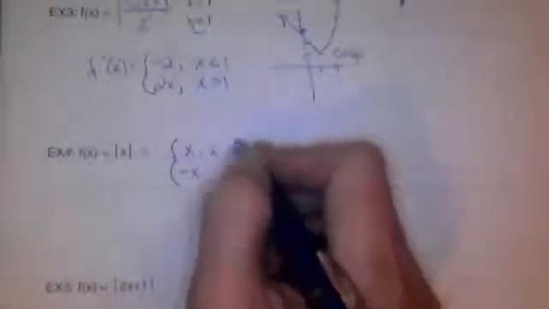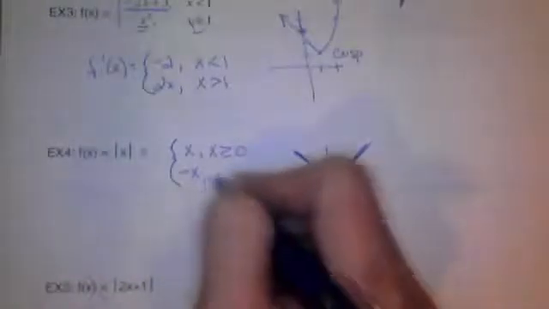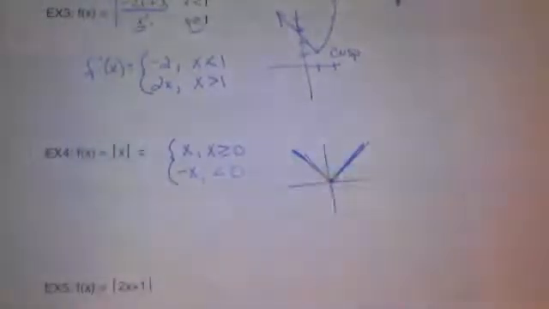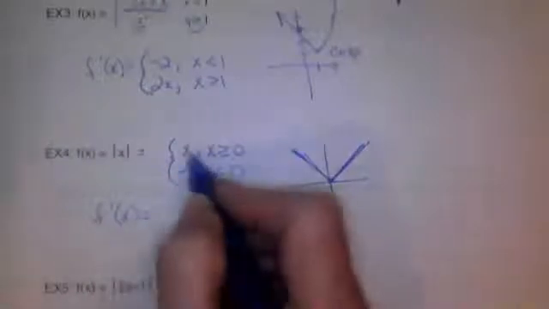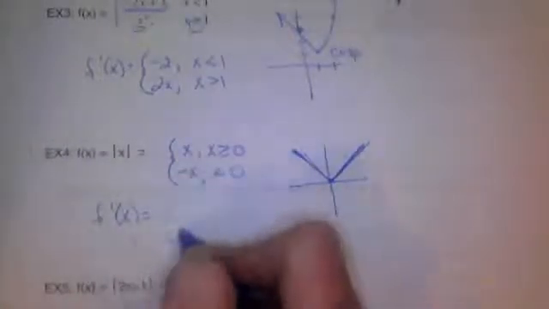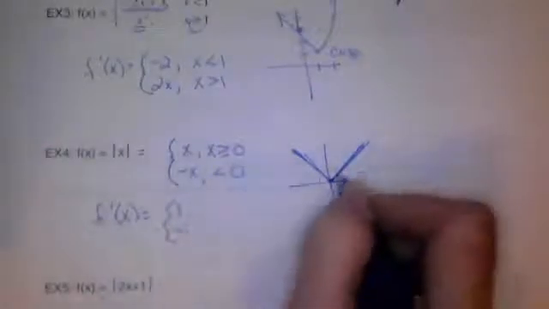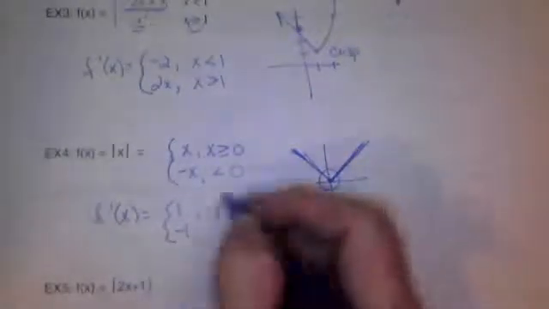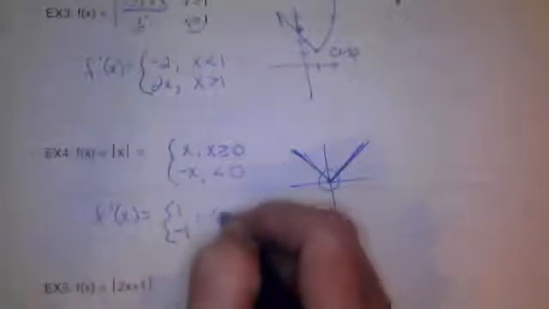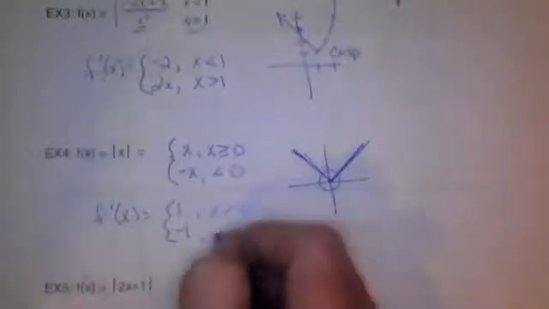So we're going to do x for the right-hand side and negative x for the left-hand side. And for one of those, we want to put that it equals 0, because it really doesn't matter which one. But when we take the derivative, we know the derivative of the top one is going to be positive 1. For the bottom one, negative 1. But right there at the vertex, which is a sharp turn, we can't take the derivative, so we just leave it off.